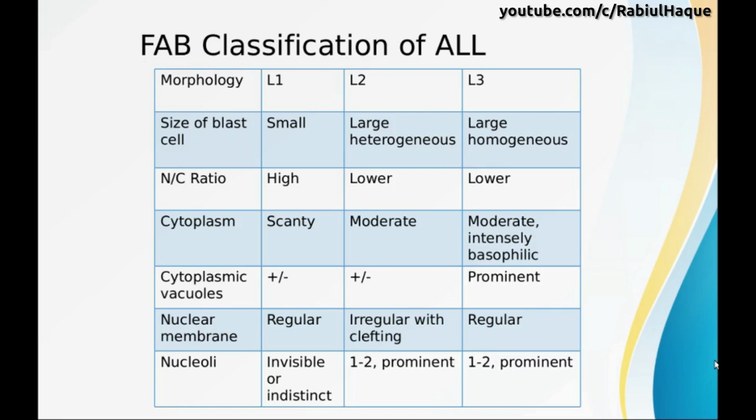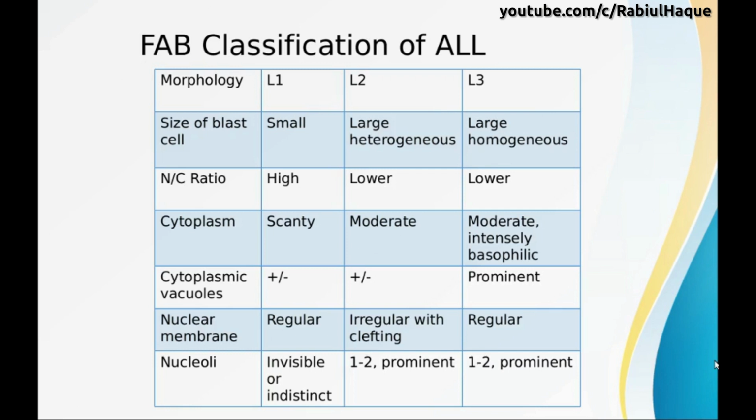According to this classification, we can further classify acute lymphoblastic leukemias into three subgroups. They are L1, L2, and L3. The size of the blast cells is smaller in L1 and larger in L2 and L3.